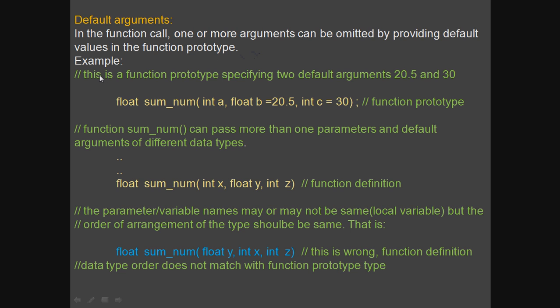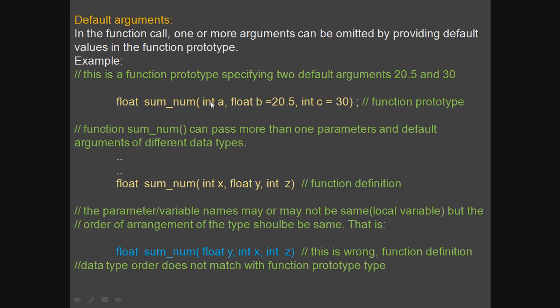So here the example is a function prototype declaration. The return type is float. This is the user defined function name sum_num, and within the parentheses you can see three parameters declared, that is a, b and c. These are three variables separated by commas: int a, float b and int c.